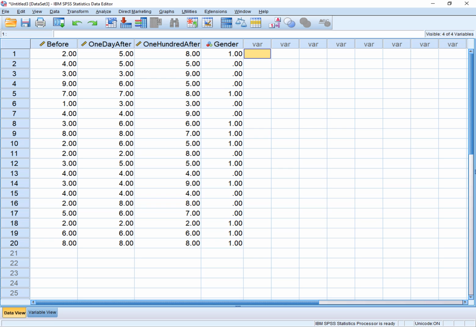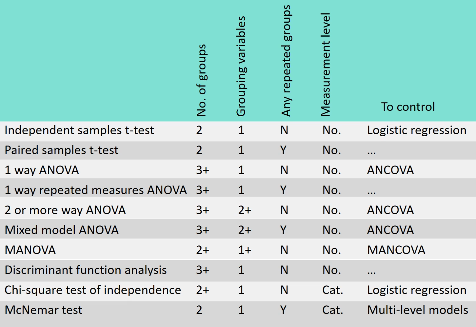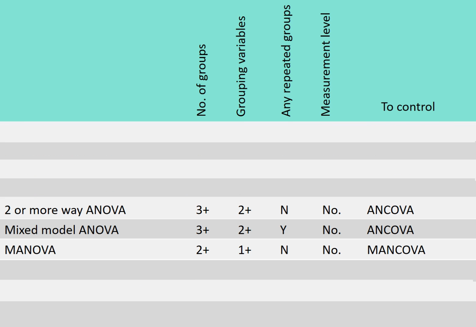To decide which test to conduct, you should recognise your design actually comprises 2 grouping variables: time, as in one day before, one day after, and 100 days after consuming ice cream, as well as gender, as in males and females. Hence, only these analyses could be applicable.